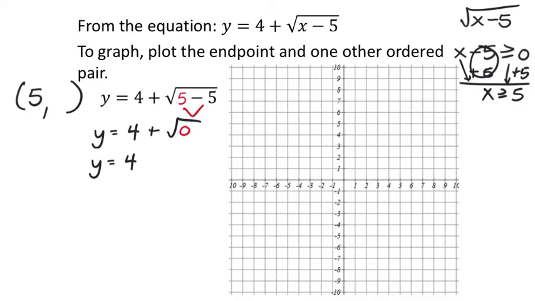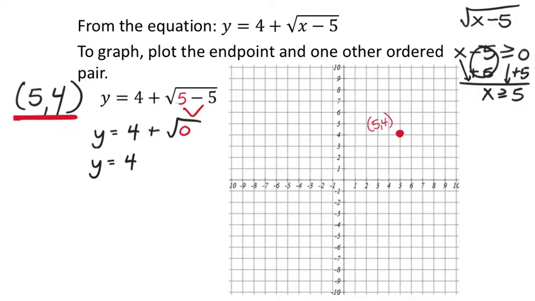So that tells me right there, just from that equation that I have now, that the other value is 4. And this should be the smallest value for the domain, it should be the starting value, which means that this ordered pair 5, 4, which I'm going to put here, 5, 4, is the starting point for our graph. So again, that's at 5, 4.